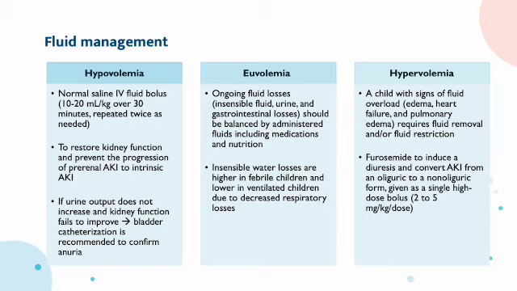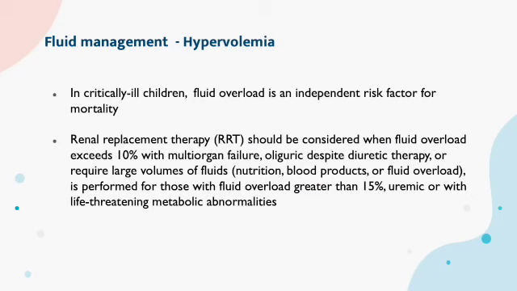Furosemide can be given to induce diuresis and convert AKI from oliguric to non-oliguric, and should be given as a single high-dose bolus of 2 to 5 mg per kg per dose. In critically ill children, the degree of fluid overload is an independent risk factor for mortality irrespective of the severity of illness.